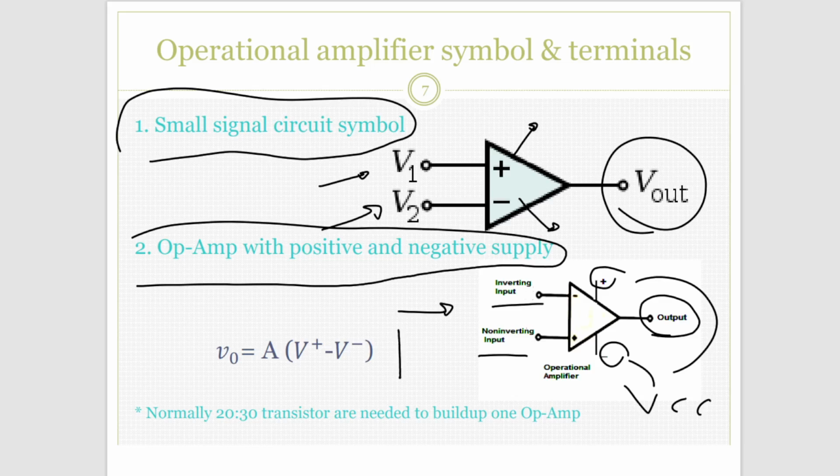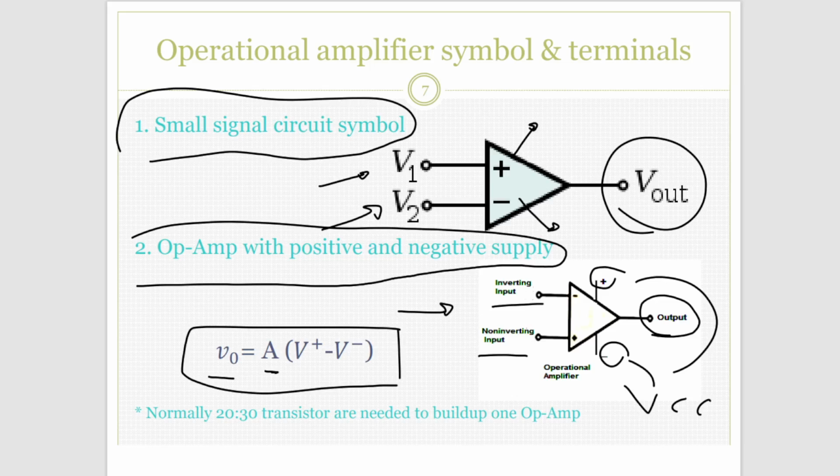This is the equation from which we calculate the gain of the signal. Here we have V naught, which is the output voltage. It equals A, and A is the gain, the gain that the signal takes to be amplified.